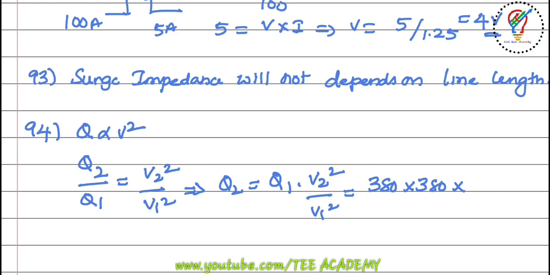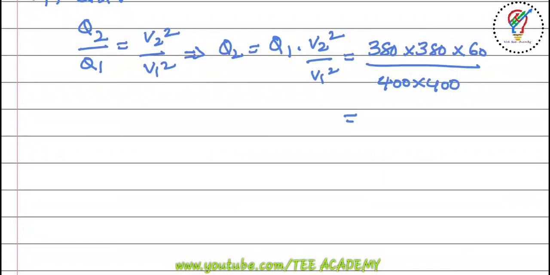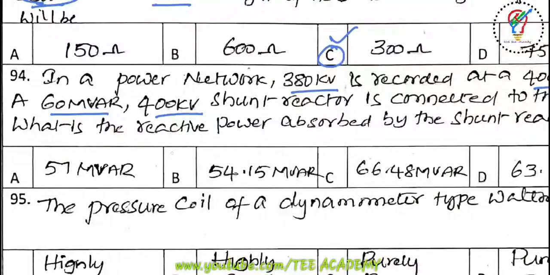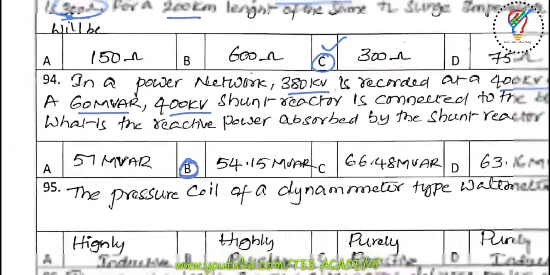Q1 is specified as 60 divided by 400 into 400. If you solve this, you may get the answer, which is 54.15 MVAr. So B will be the correct answer.